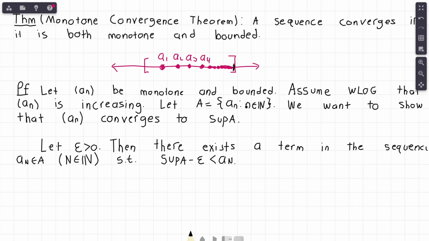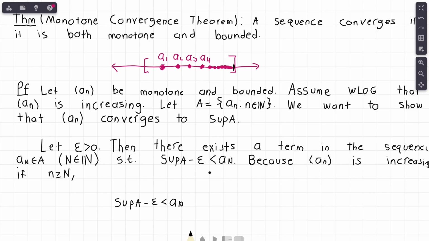All right, now we're going to use the fact that a_n is increasing. So because our sequence a_n is increasing, if n is greater than or equal to capital N, we have that the supremum of A minus epsilon is less than a_n.